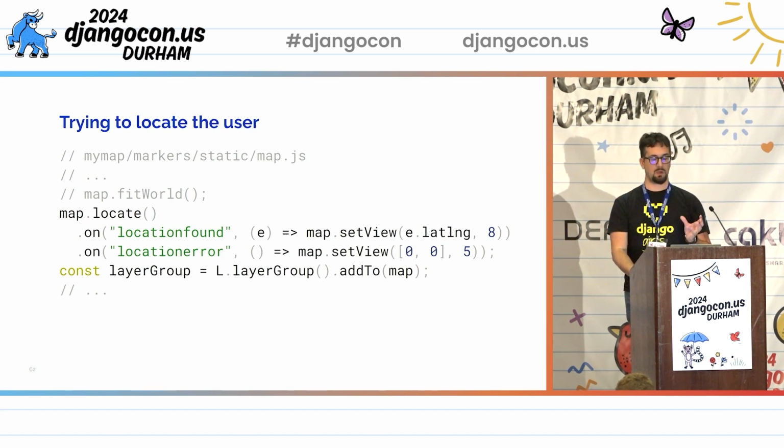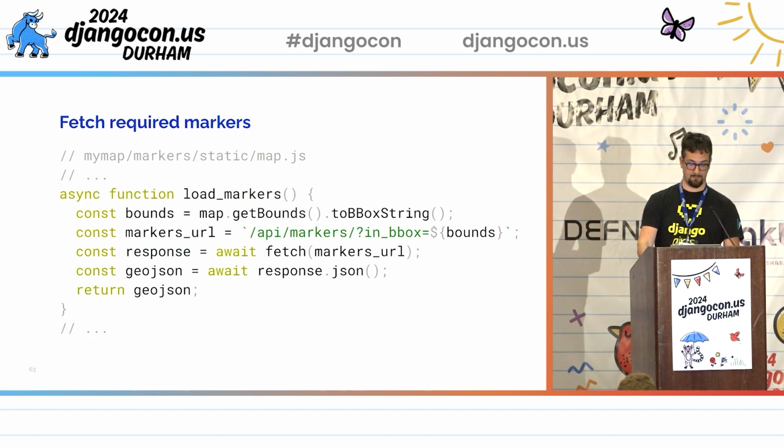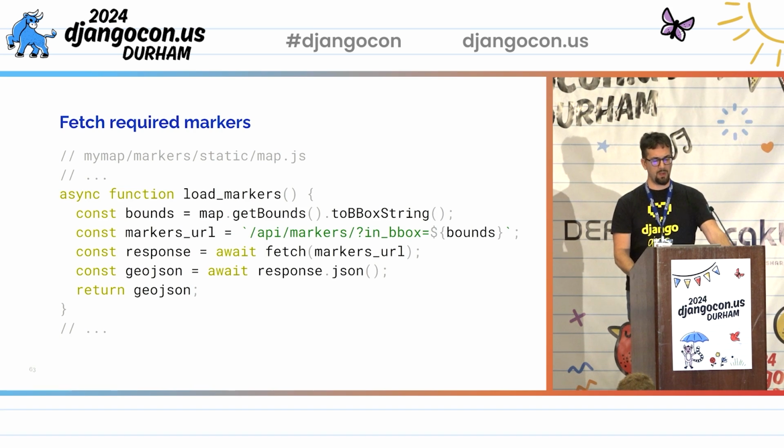We also create a layer group in the map that we'll use in a bit. We now load the markers, fetching the GeoJSON representation from our endpoint, which will return only the markers of the specified displayed area that we can provide using the bounding box string.